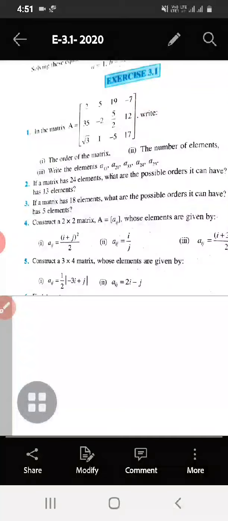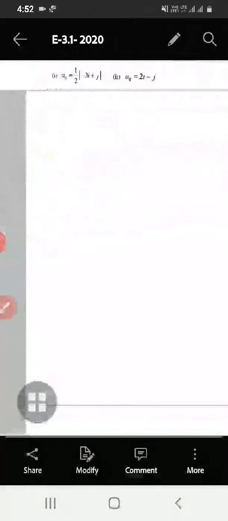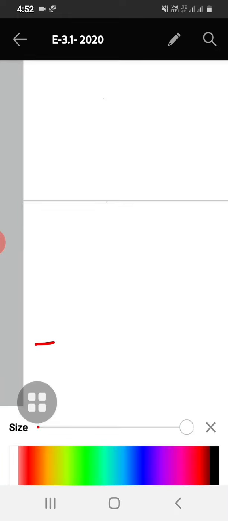I will take up the first question here. In that we have 3 sub questions: order of the matrix, number of elements, and we have to write the elements here. Let us write that. The first one is the order of the matrix.